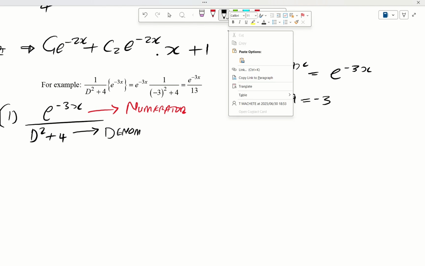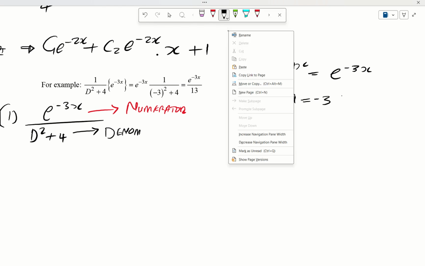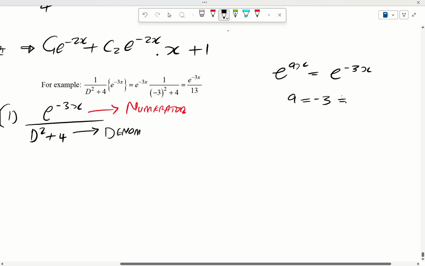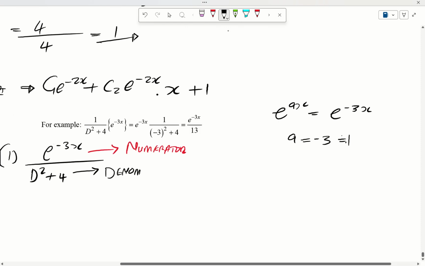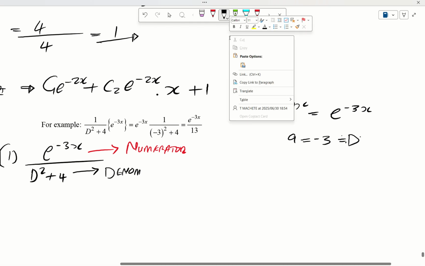minus 3. And then from the theorem, they did explain that this a should be equal to d. It must be equal to d. So where there's d, you're gonna go and substitute minus 3.